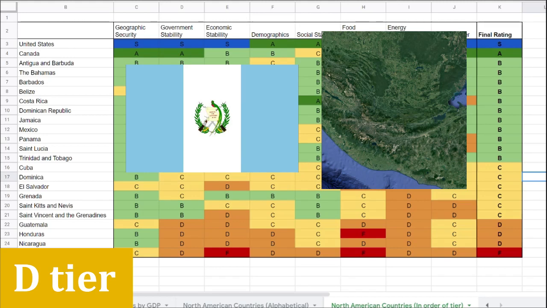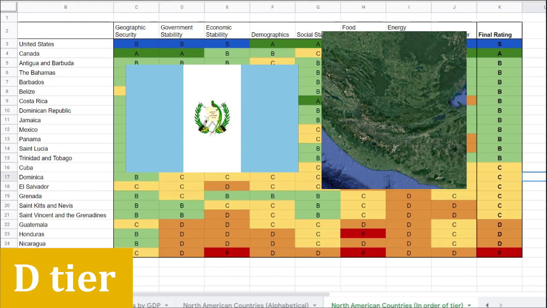Not exactly the beacon of stability in terms of government. Economic stability is also D. Very slow GDP growth and very high wealth inequality, and it's one of the poorest in Latin America. Half of the population lives below the poverty line. Not a good combination. Very bad D tier economic stability.